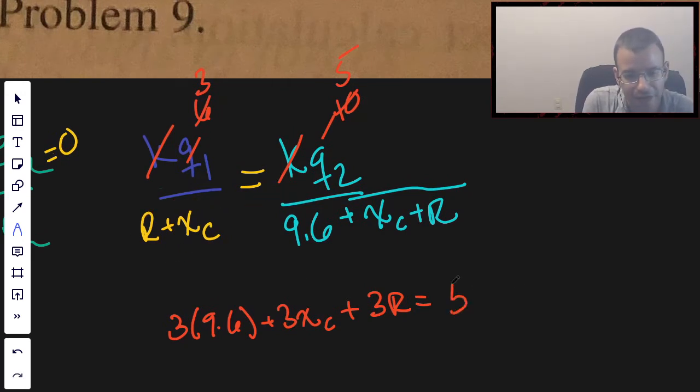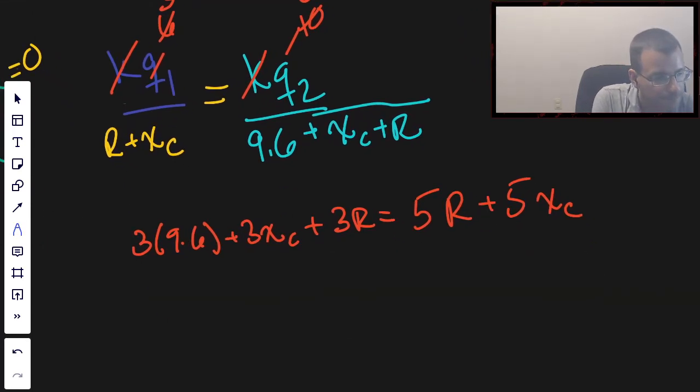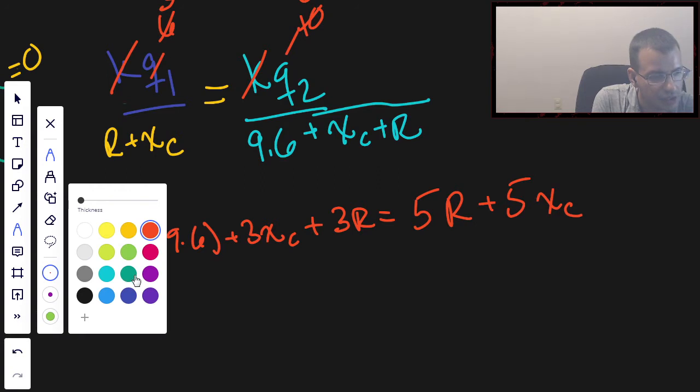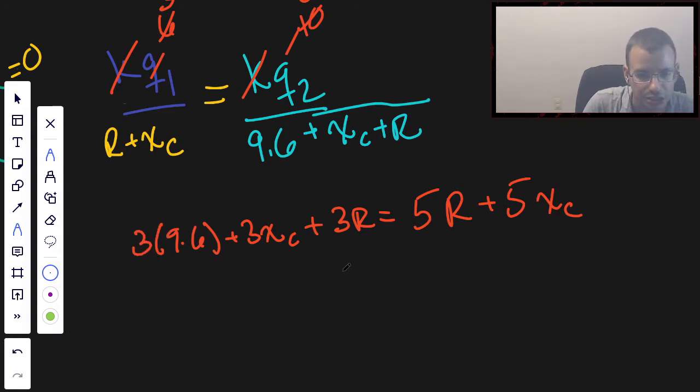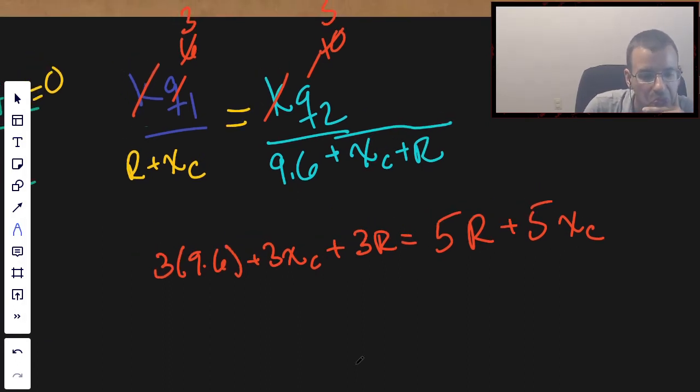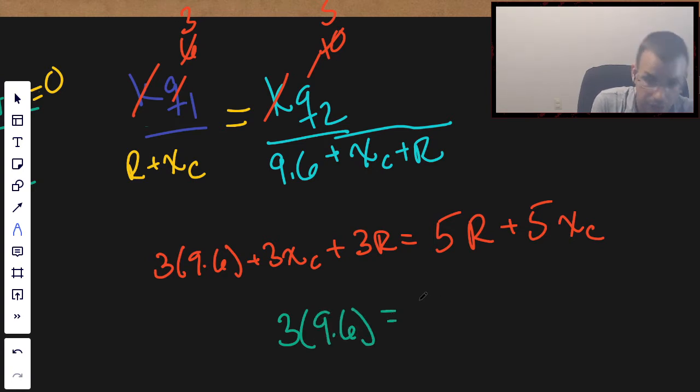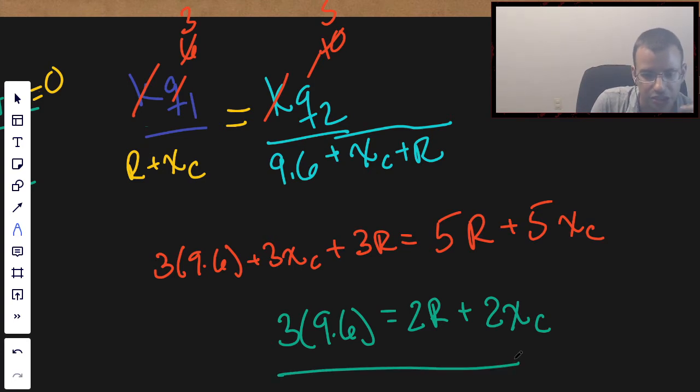We're going to have 5r plus 5xc. So then, simplifying this, 3 times 9.6 equals 2r plus 2xc. Okay, I'm good with that. And that is one equation.